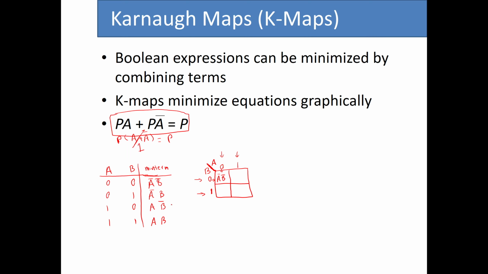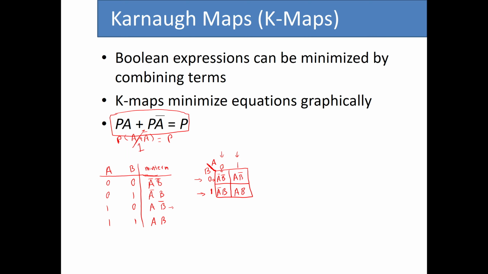So this is the min term that we are looking for. This is A B bar. What about this one? Here A is 0, B is 1. So what we have is A bar B. And finally for the last one, we have A B as the associated min term, since both A and B are 1.